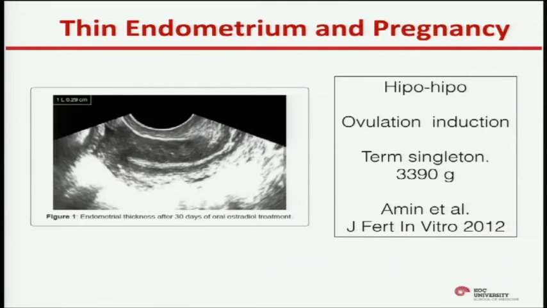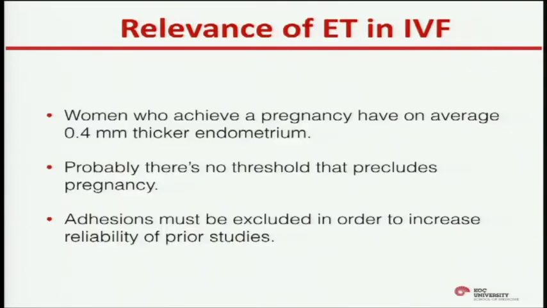Okay, so the interim conclusion is, yes, looking at the data, a woman who eventually achieves a pregnancy at the end of an IVF cycle has a thicker endometrium by half a millimeter. Okay, but probably there's no lower threshold that certainly precludes pregnancy. 4 millimeters, 3 millimeters, 5 millimeters.